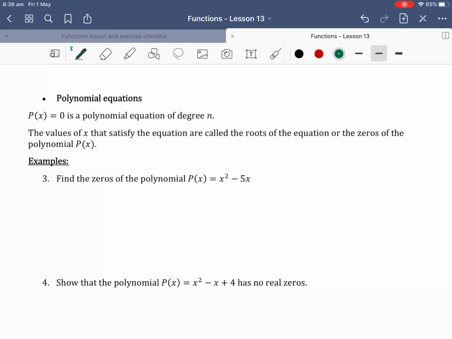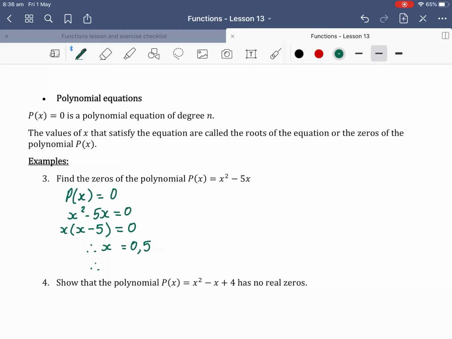So in our example, we want to find the zeros of the polynomial p(x) equals x squared minus 5x. So we're going to let this equal 0. So we'll have x squared minus 5x equals 0. We can take out a common factor of x. So we'll have x bracket x minus 5 equals 0. So therefore, our x values are 0 and 5.